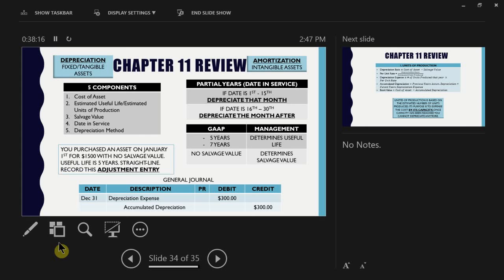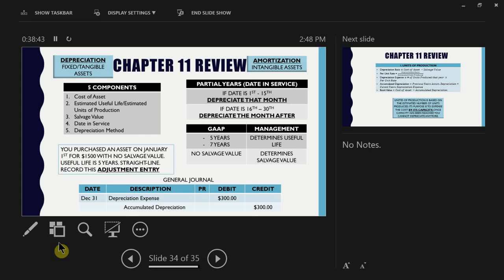No matter when you are journalizing for your depreciation, it will always be depreciation expense, and then your credit will always be accumulated depreciation. If you're being specific, you definitely want to be specific on the asset. So it'd be depreciation expense for whatever asset it is, or accumulated depreciation for whatever asset it is.